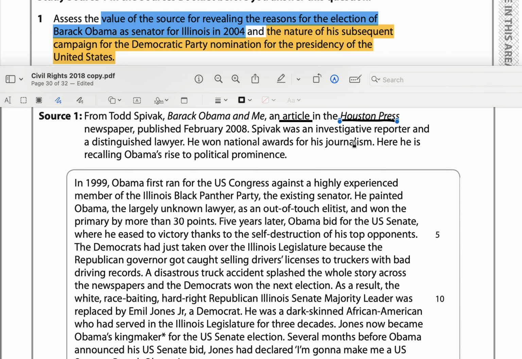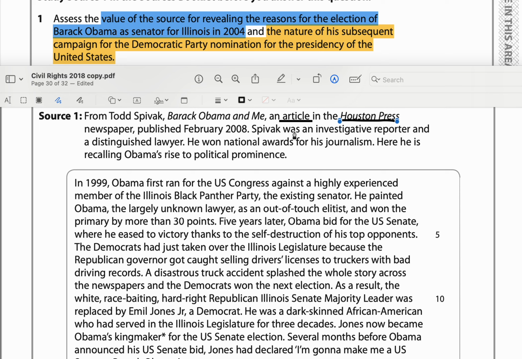Houston, if you know anything about American geography, is in Texas, and Texas is in the South, which is not really renowned for its Democrat politics. It's usually Republican, especially at this time. It would be Republican leaning. So perhaps this is going to be less sympathetic. Obviously, we haven't read through the source yet. We don't know, but that's something to keep in mind.